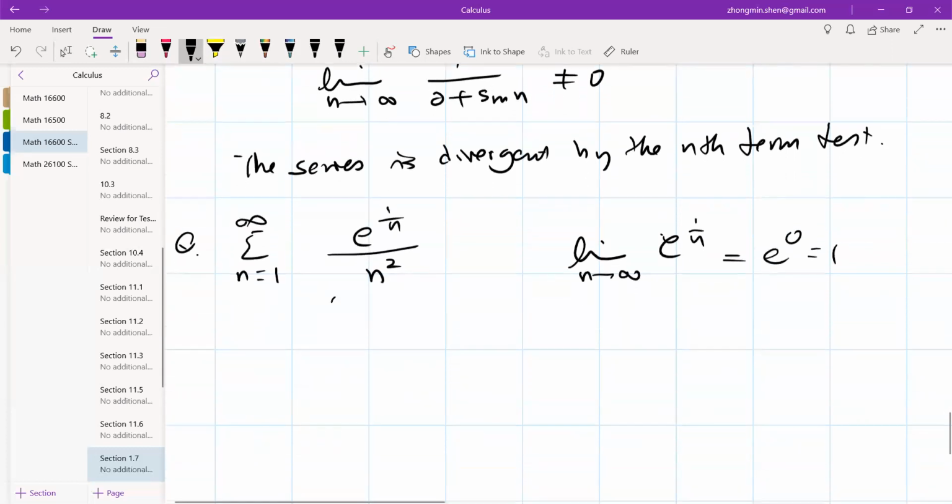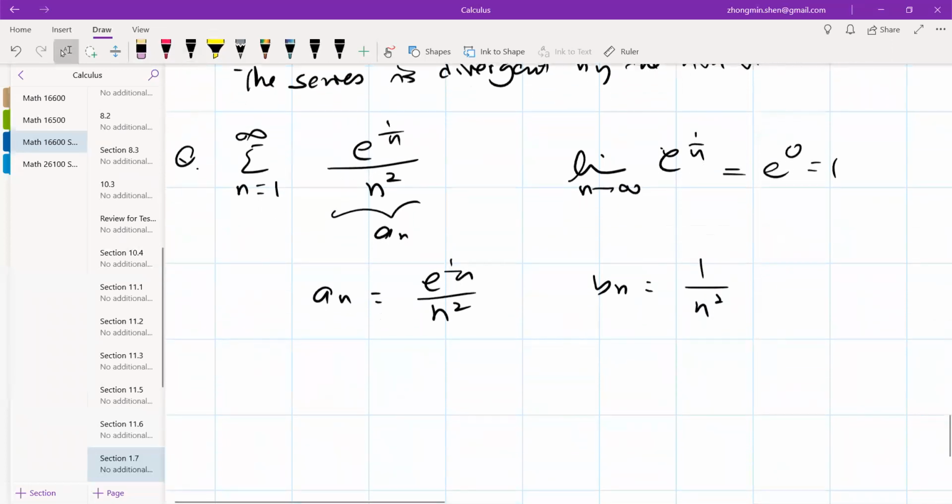But all I have to do is look at the bn, find the bn and then compare it with an.